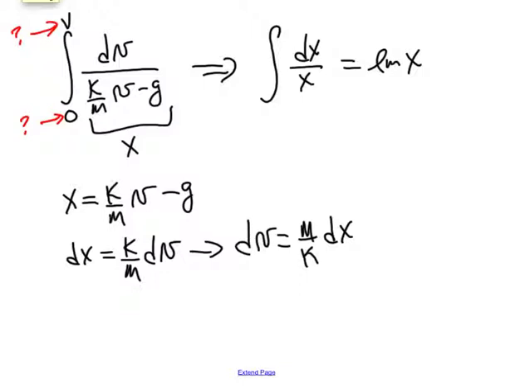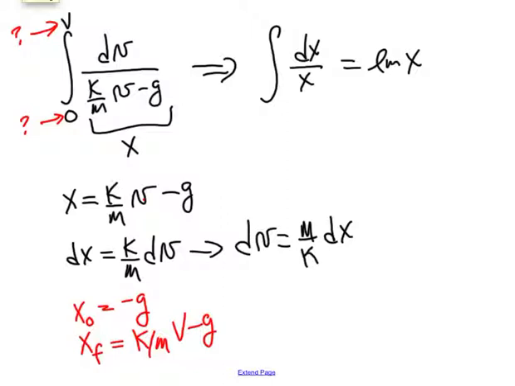So my limits of integration will be, we will start at the beginning, x at t equal to 0 is simply minus g. We simply say this v is 0 and we get minus g. The top limit will equal, well, k over m times v minus g.